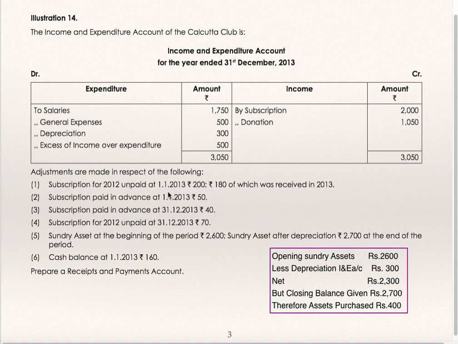Opening outstanding subscription, closing outstanding subscription, opening received in advance, closing received in advance subscription, as well as subscription as per income expenditure account, you know. So prepare subscription account and find out subscription as per receipt payment account.